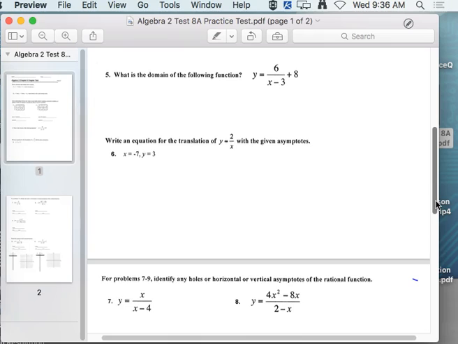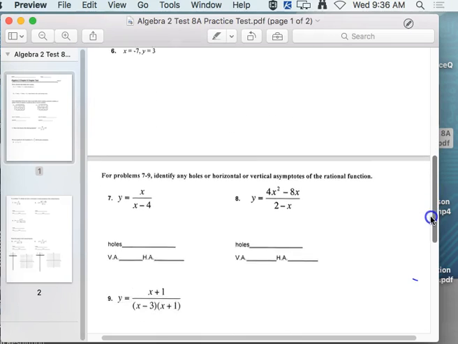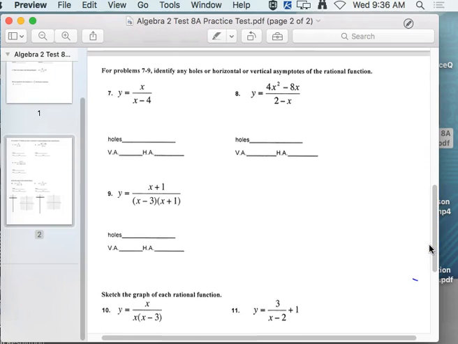Let's look at 7. You ready? It says, find any holes, horizontal, or vertical asymptotes of the rational function. So look at number 7. Is anything going to cancel out? Is it already factored, first of all, I should say.